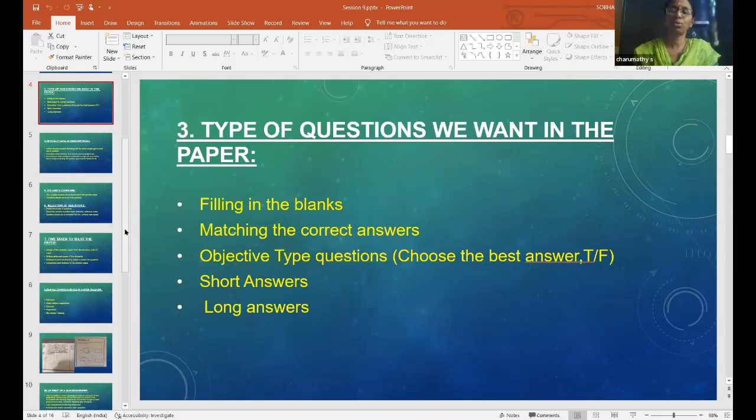And of course, teachers, I don't know how many of you follow that pattern in your schools in setting a question paper. Of course, in our schools, we follow an objective paper and a descriptive paper separately. In the objective paper, like ma'am has listed, it will contain fill in the blanks, match the correct answer, choose the correct answer, like observe the following and answer. And like very short questions.